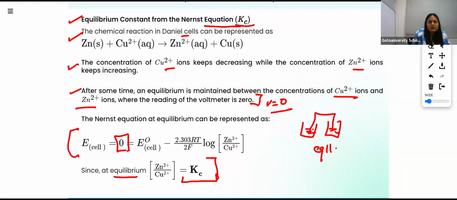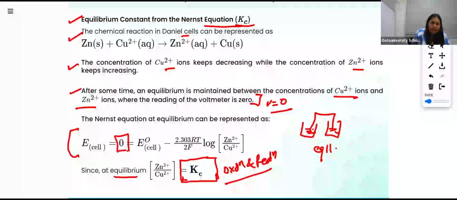We use it when the oxidation and reduction reactions in the electrochemical cell attain equal concentrations.